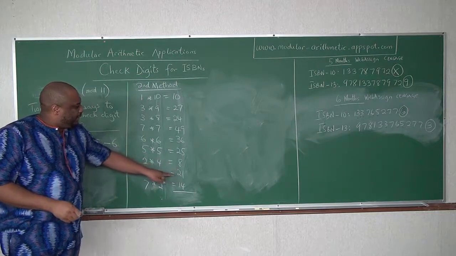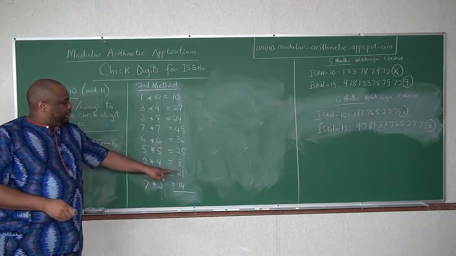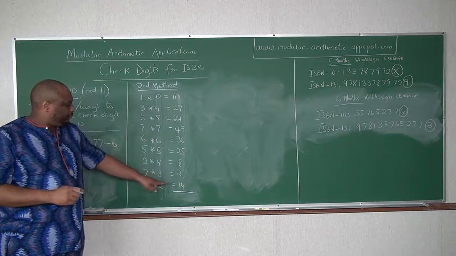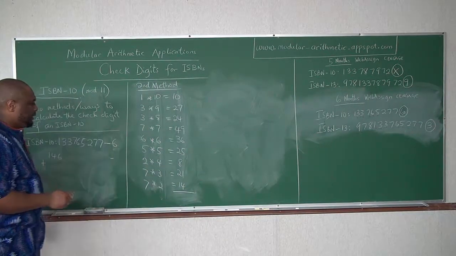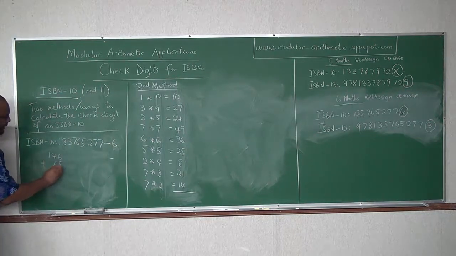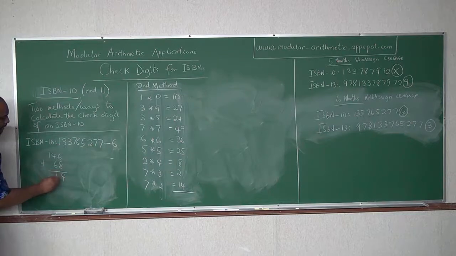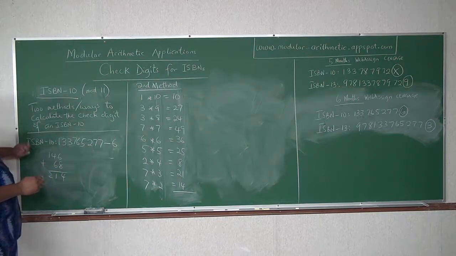This 33 plus 21 is 54. 54 plus 14 is 68. So 146 plus 68 is 214.